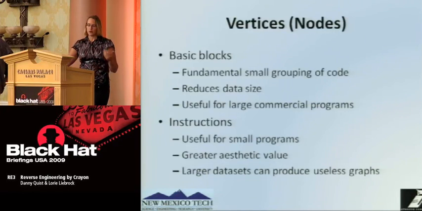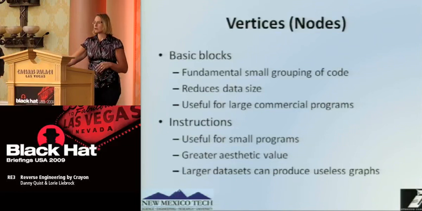Whereas if you're looking at the instruction view, that can be very good for trying to figure out exactly what's really happening and looking at it at precise instructions, but only for really small code. If you start looking at the assembly instructions, those of you who have done some reverse engineering know it gets pretty tedious, and that's true for the graph representations as well.